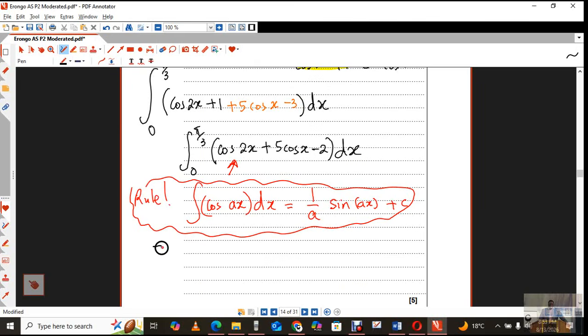So we are going to say that is 1 over 2, 1/2. Integrating cosine is nothing but sine of that double angle of 2x. That makes sense to you? Okay. And I'm going to continue plus 5. Integrating cosine is nothing but sine x.